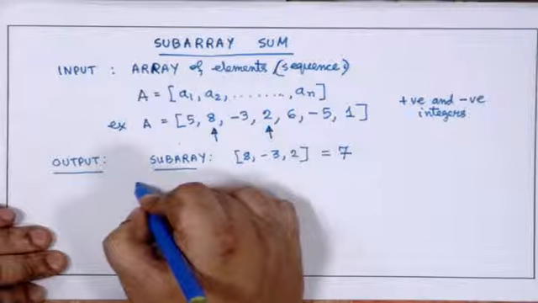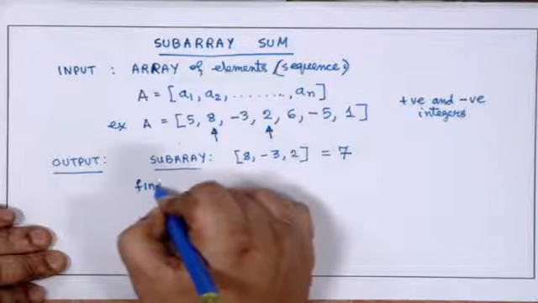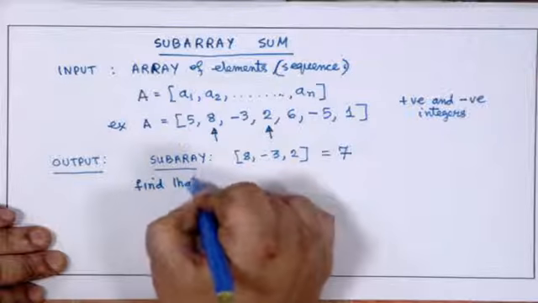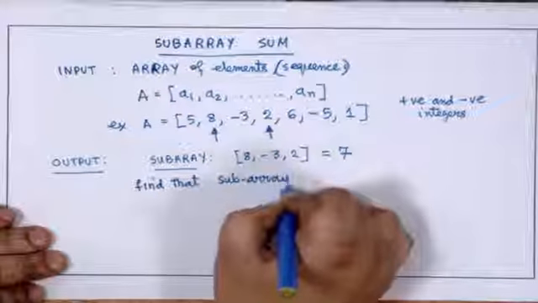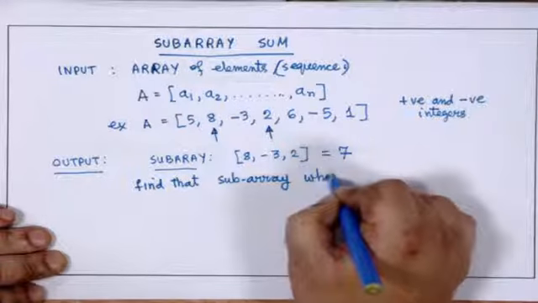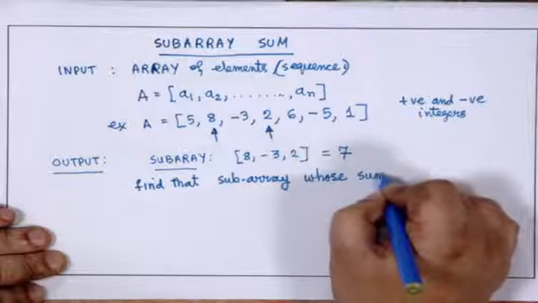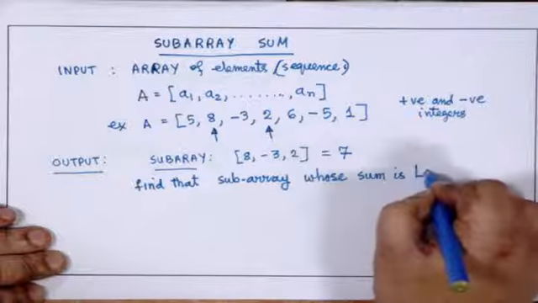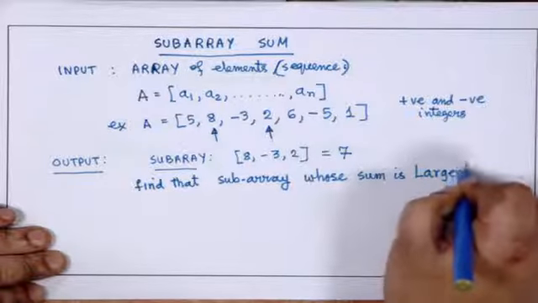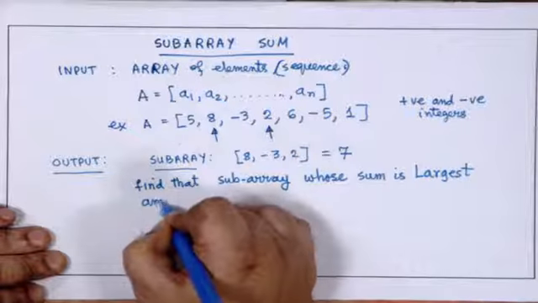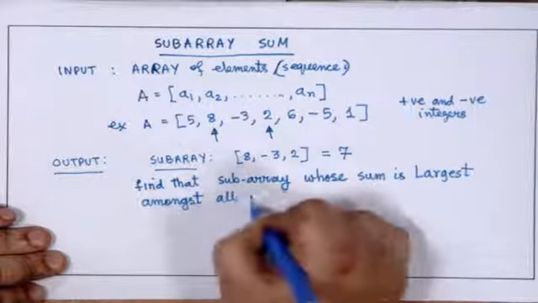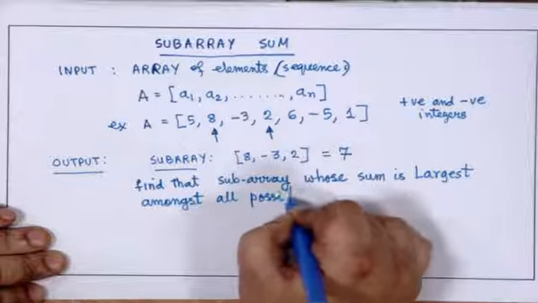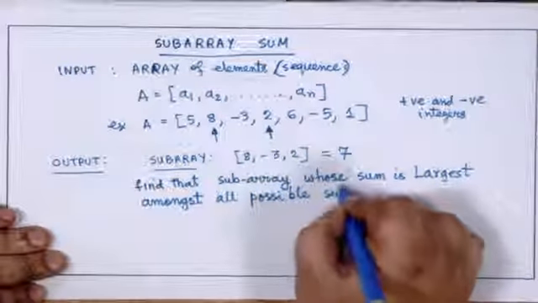Our output is: find that subarray whose sum is largest amongst all possible subarrays.